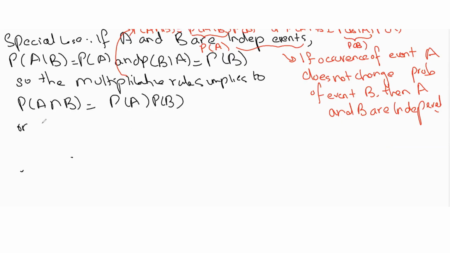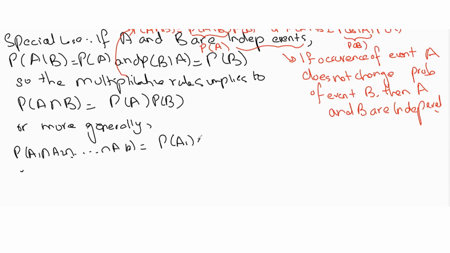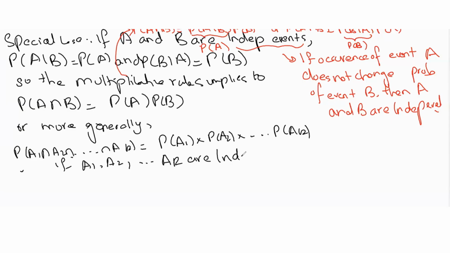Here we're looking at just two events, but more generally, the probability of A1 intersection A2 intersection, and so on, intersection AK is just the probability of A1 times probability of A2, and so on till probability of AK, if A1, A2, through AK are independent. So whenever you know some events are independent, the probability of the intersection can just be found as the product of the individual probabilities.